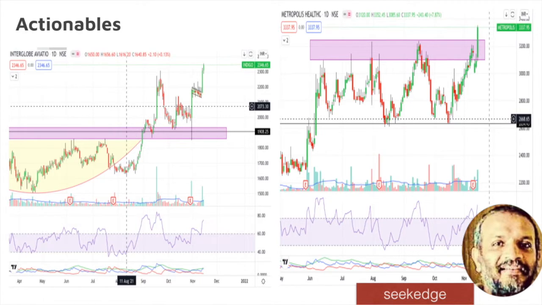It has great volumes, great momentum, great trend, and a breakout from a resistance zone which was tested multiple times. So Metropolis Healthcare and InterGlobe Aviation are two stocks that can be used for swing trades for the coming days or weeks.